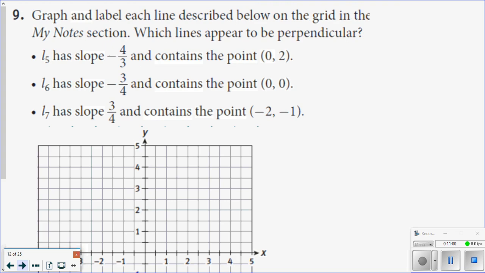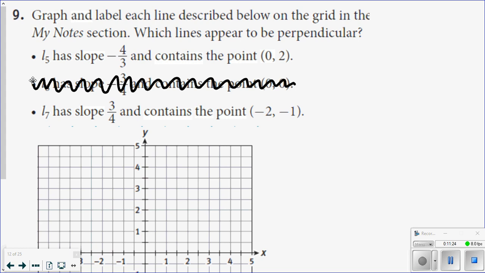Okay, question 9. We're going to switch gears here and talk a little bit about perpendicular. What we're going to do is graph L5 and L7.